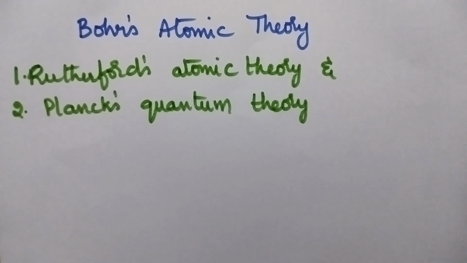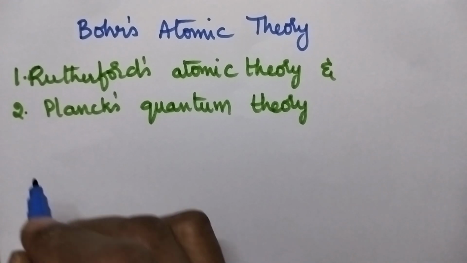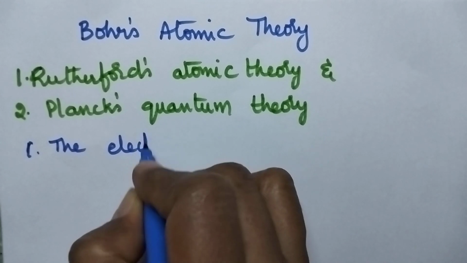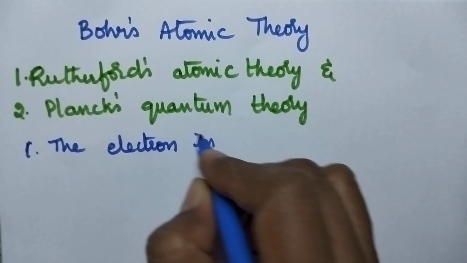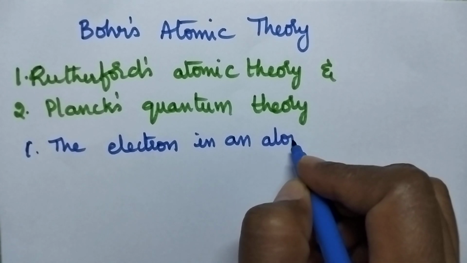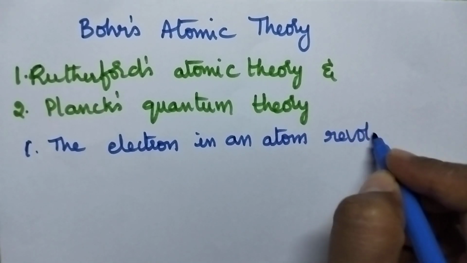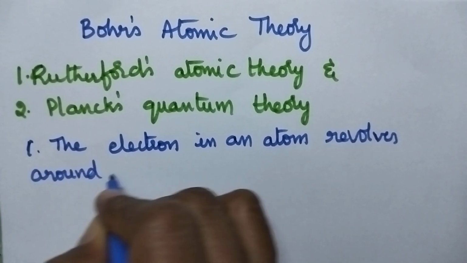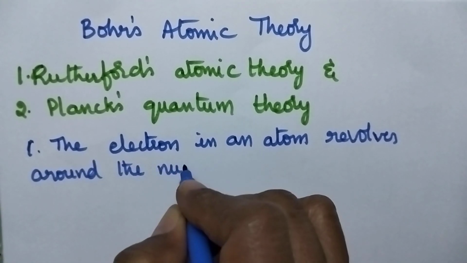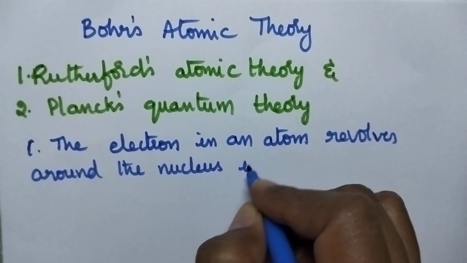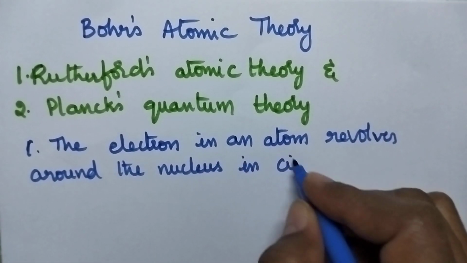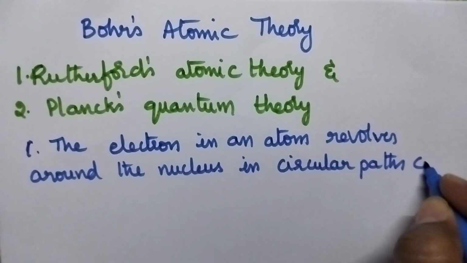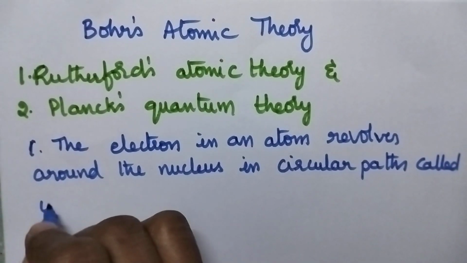So, coming to the important postulates of Bohr's atomic theory, the electron in an atom revolves around the nucleus in circular paths called orbits.